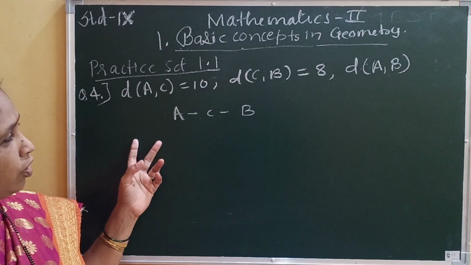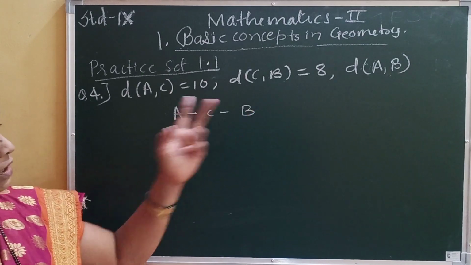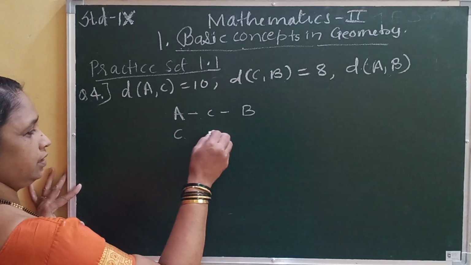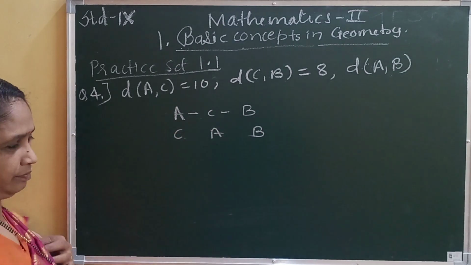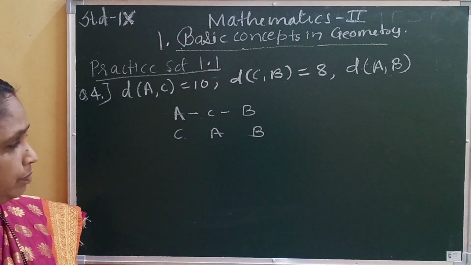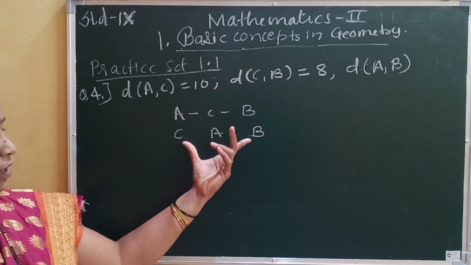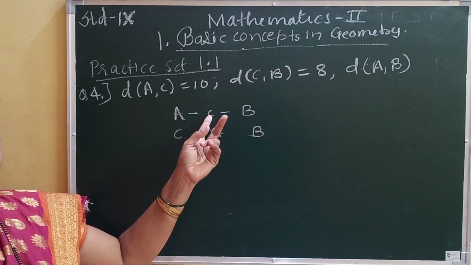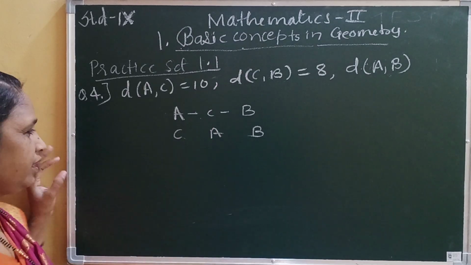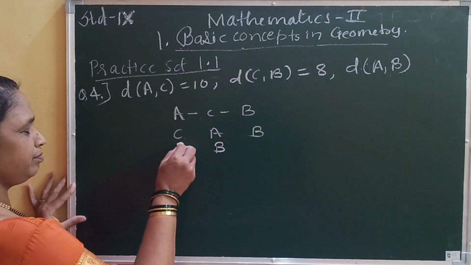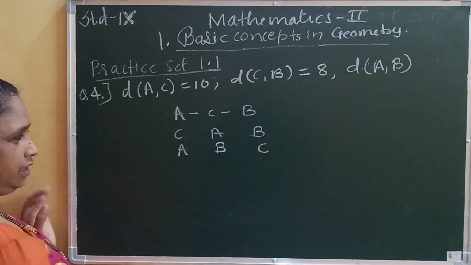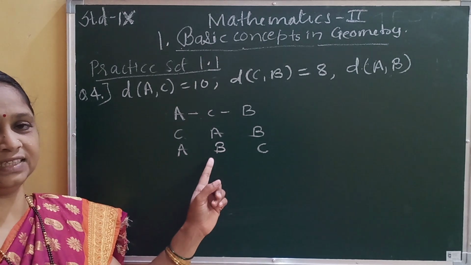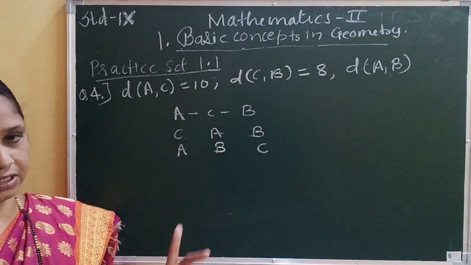The other case will be C, A, B, which means BC will be equal to CA plus AB. Once C will be in the middle, then A will be in the middle, and the third case B is in the middle, means A, B, C. Either C is in between, or A is in between, or B is in between. Like this we will have 3 conditions for it.